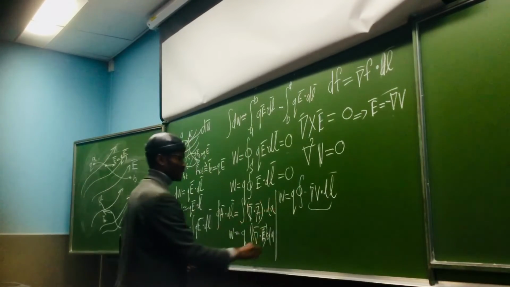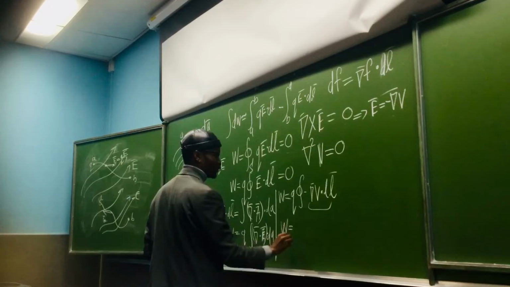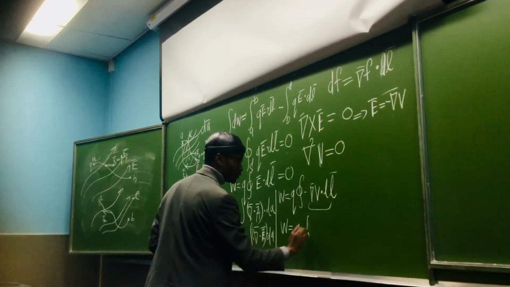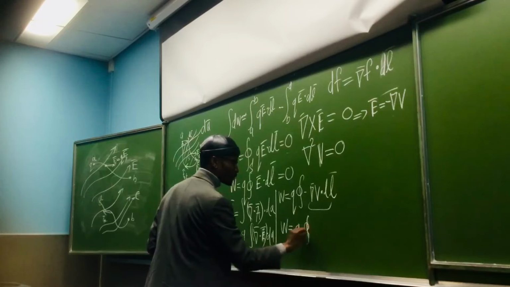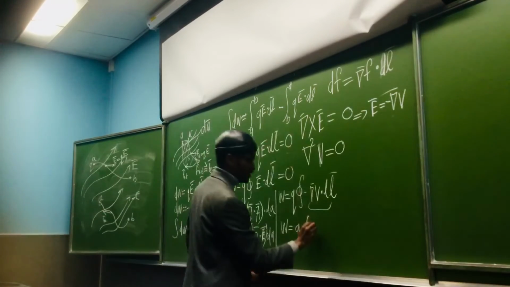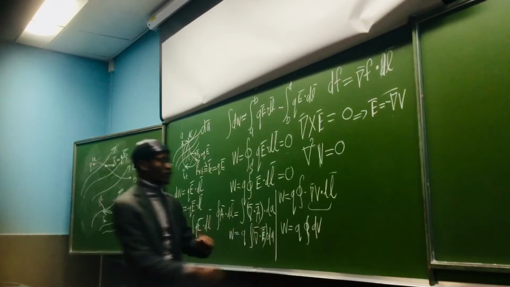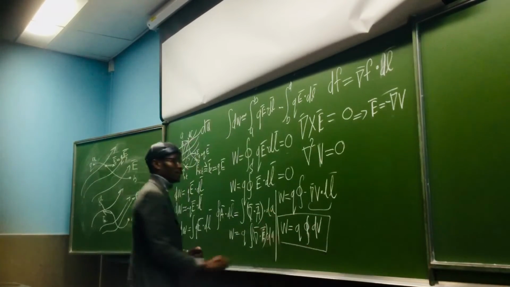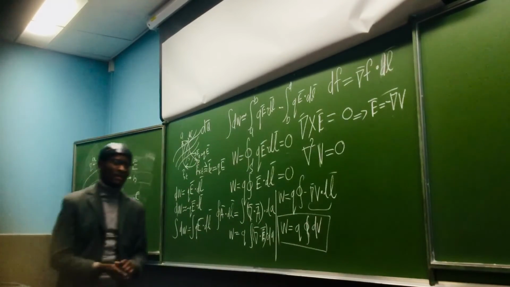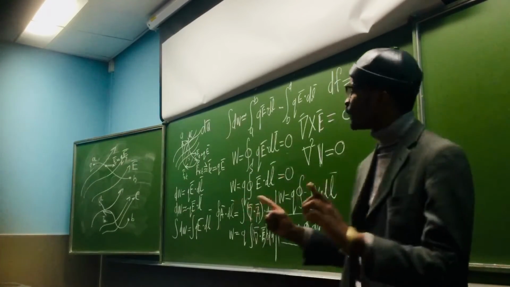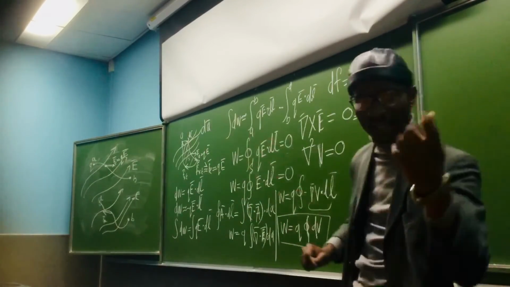Then we can see that the work is equal to Q times the closed integral of dV, which is a new form that we can think of. But we only want to consider the work done by our external force.